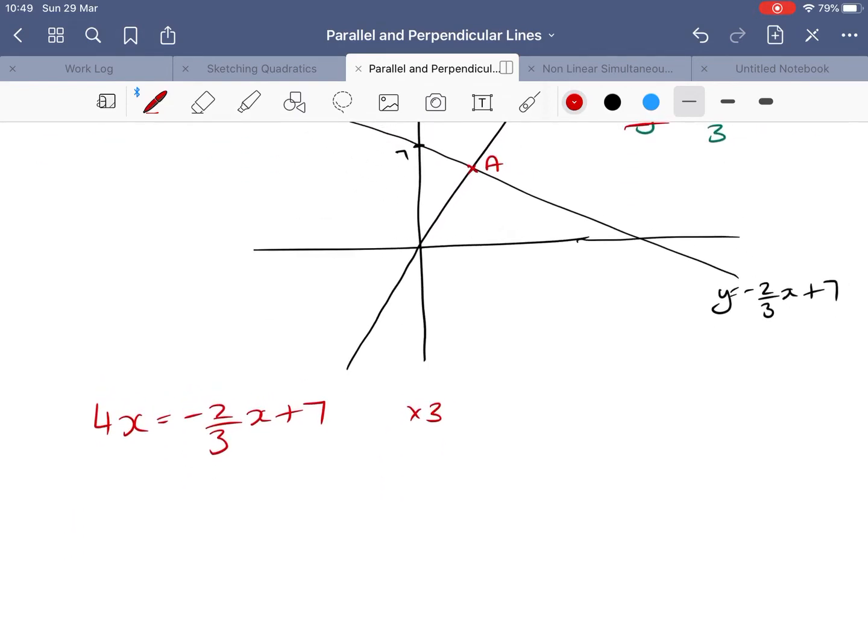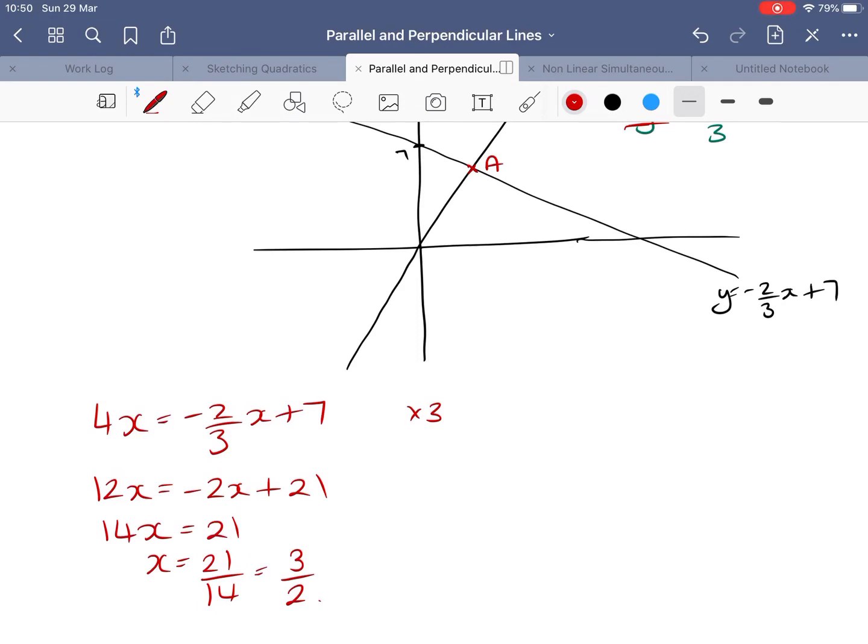So I'd get 12x equals minus 2x plus 21. I would add the 2x to both sides, so I get 14x equals 21, and then divide by 14, 21 over 14, but simplify that, divide both by 7, and you're going to get 3 over 2.